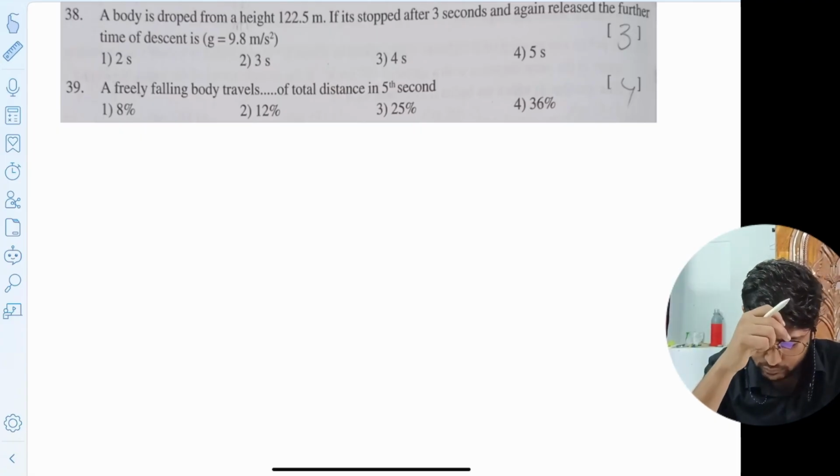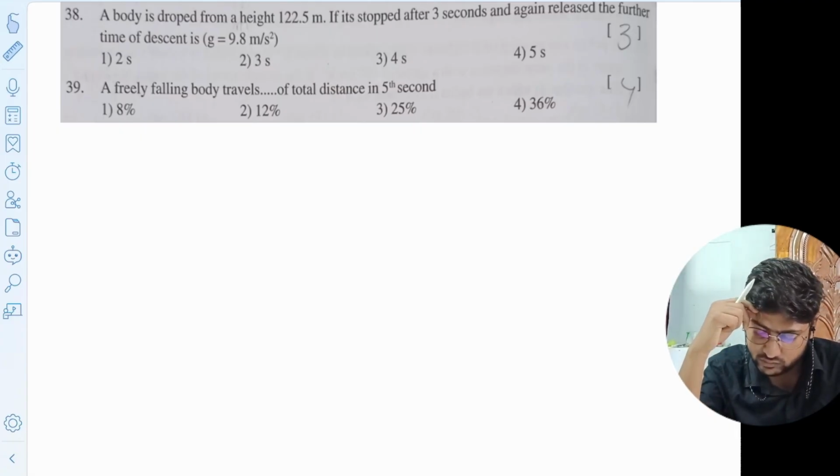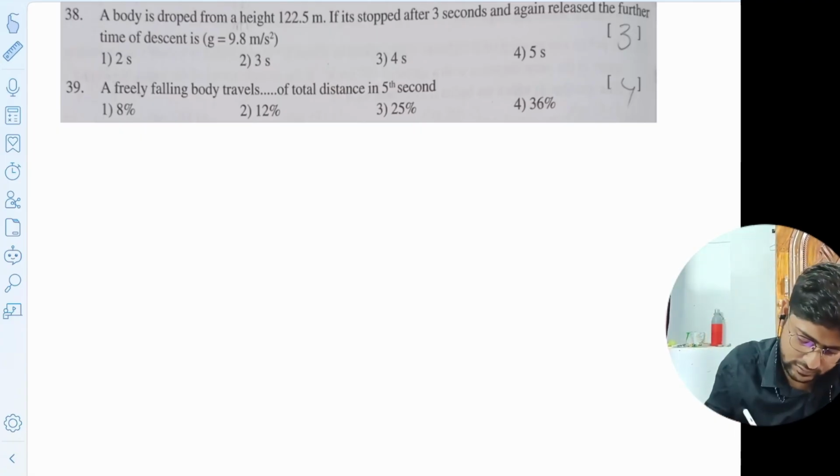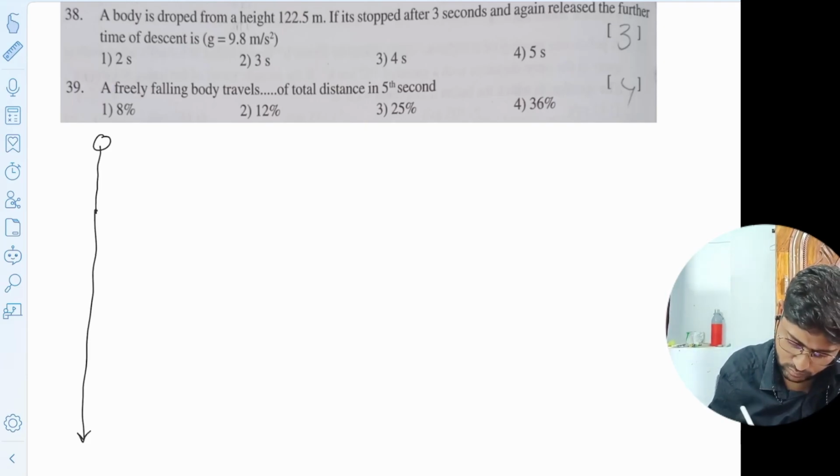So what is 38? The body is dropped from a height of 122.5 meter. Suppose something is dropped from a height, 122.5 meter, this is our height.